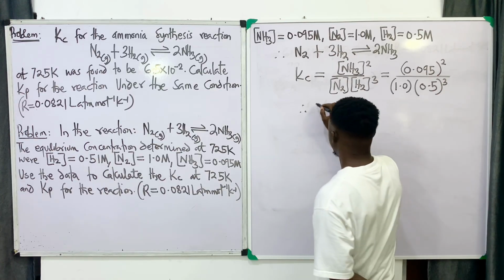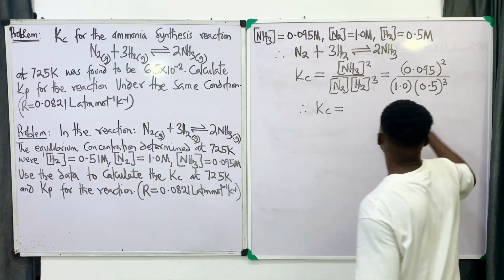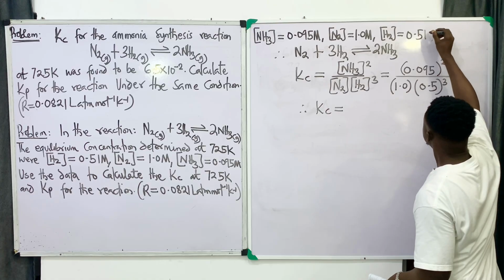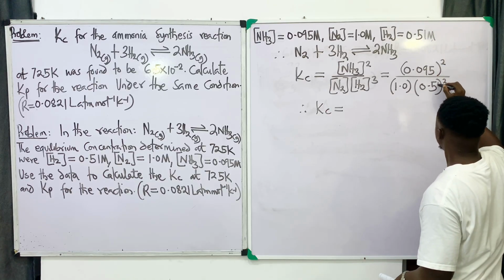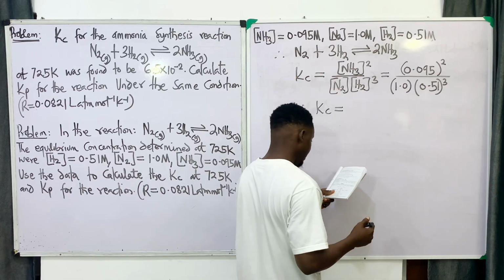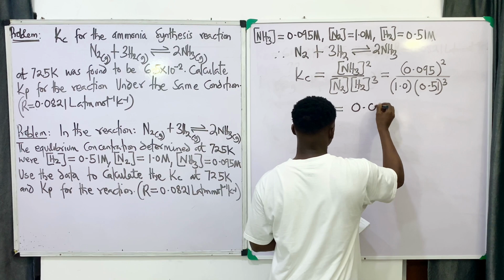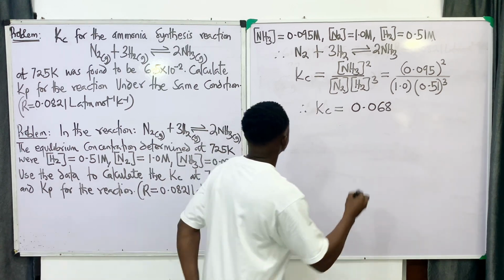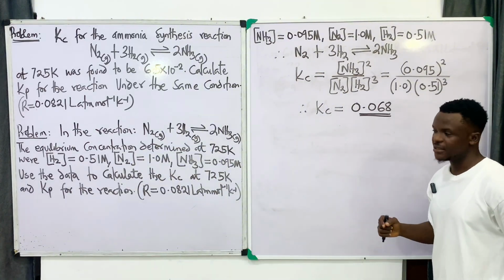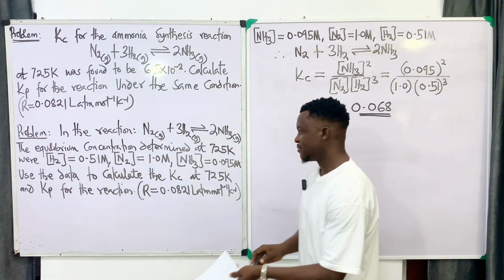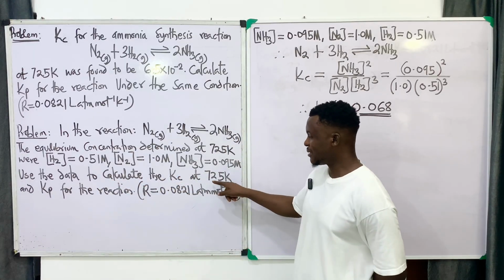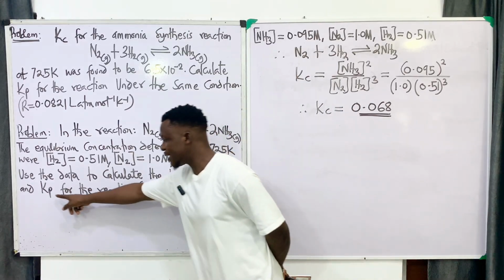So our Kc here now becomes, if you evaluate this with your calculator, our Kc gave us 0.0. Now we've gotten the value for Kc, but remember, the question says to use the data to calculate the Kc, which we have done at this temperature, and Kp.